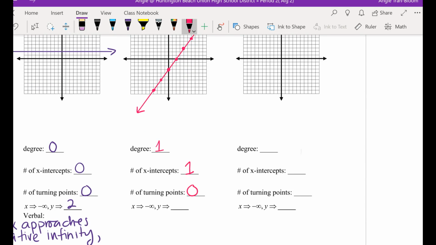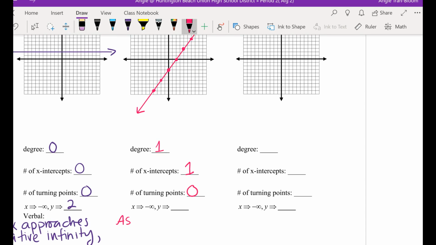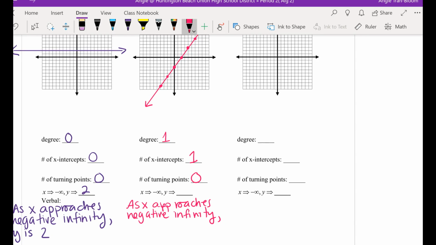Now, as x approaches negative infinity, what's y? Right. As x approaches negative infinity, from this way to the left, what's y approaching? Negative infinity.